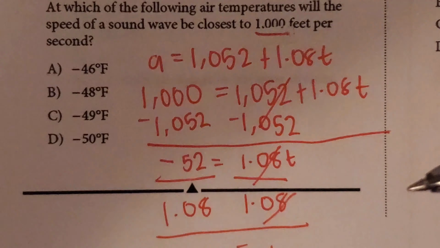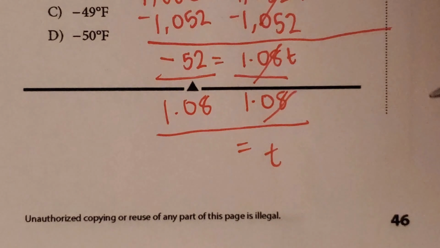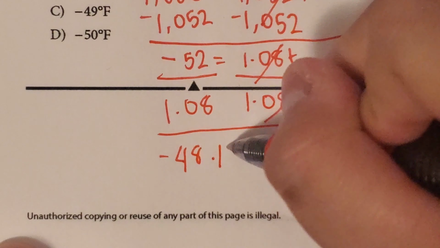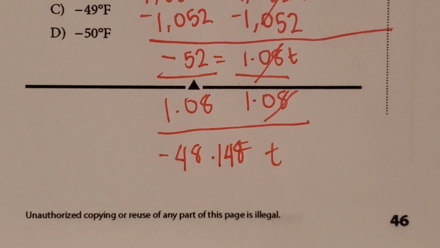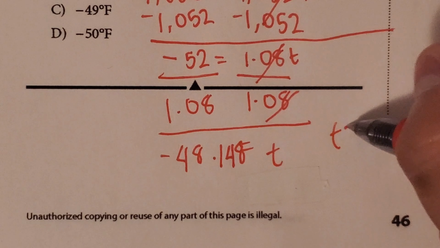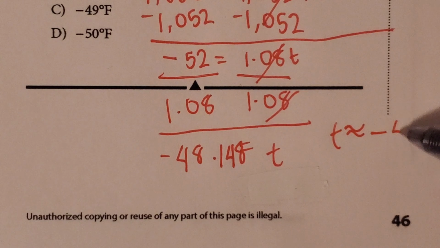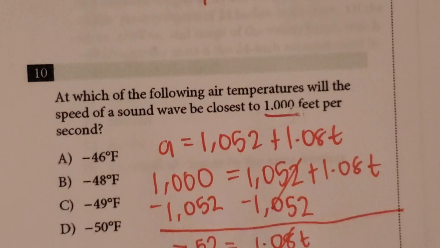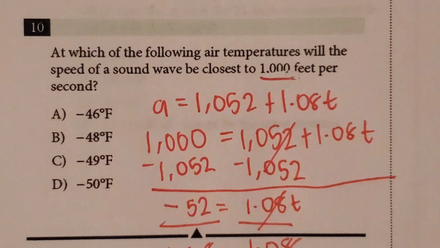And that will give us a t value of negative 48.148, or approximately negative 48 Fahrenheit. Therefore, our answer for question 10 is choice B.